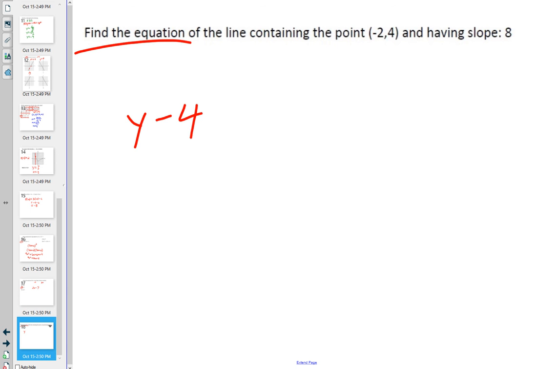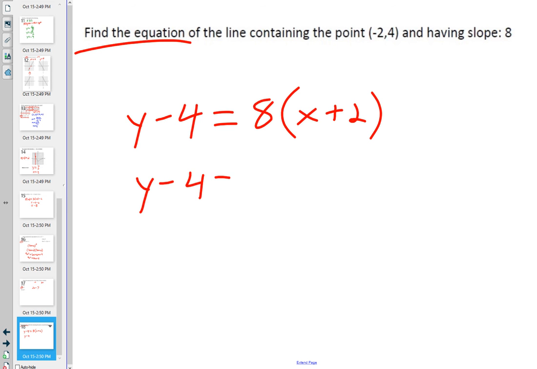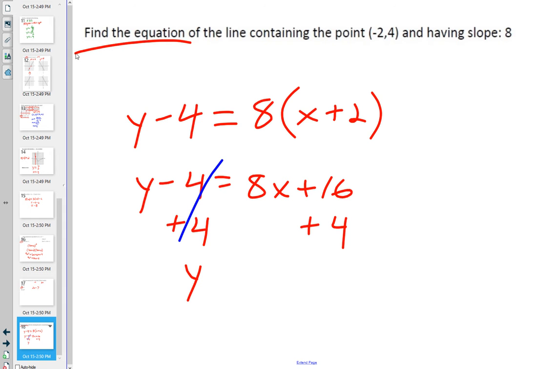So y minus 4 equals the slope, which is 8, times x plus 2. You change the sign. If the x is minus 2, you write plus 2. y minus 4 is equal to 8x plus 16, plus 4, plus 4. y is equal to 8x plus.